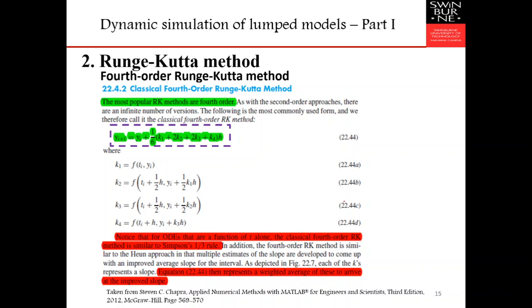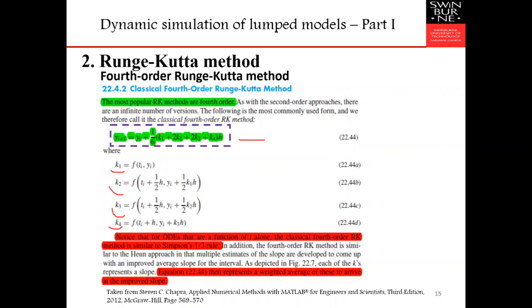The fourth order Runge-Kutta method is one of the most commonly used Runge-Kutta methods, with the formula shown in equation 22.44, and it involves obtaining the values of K1, K2, K3, and K4. This classical fourth order Runge-Kutta method is quite similar to Simpson's 1/3 rule.